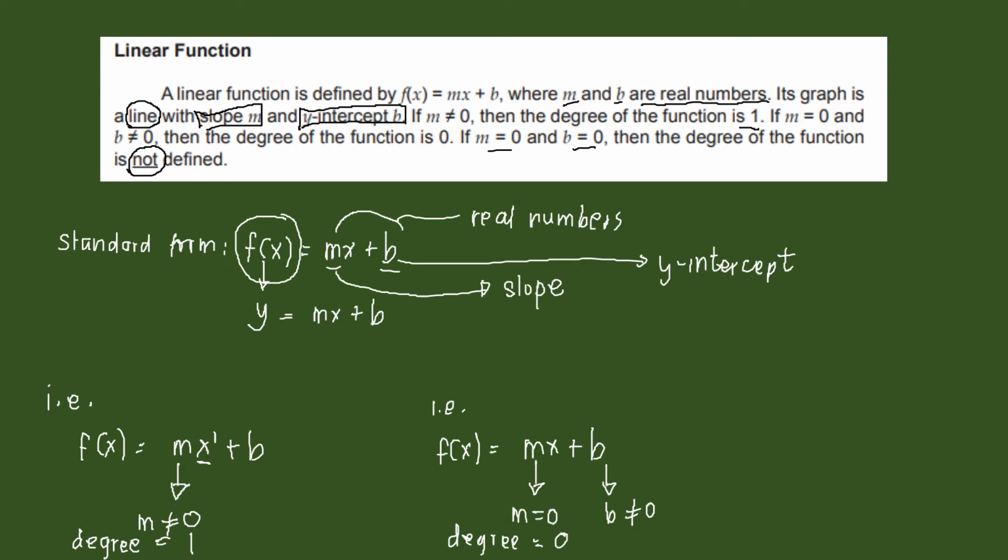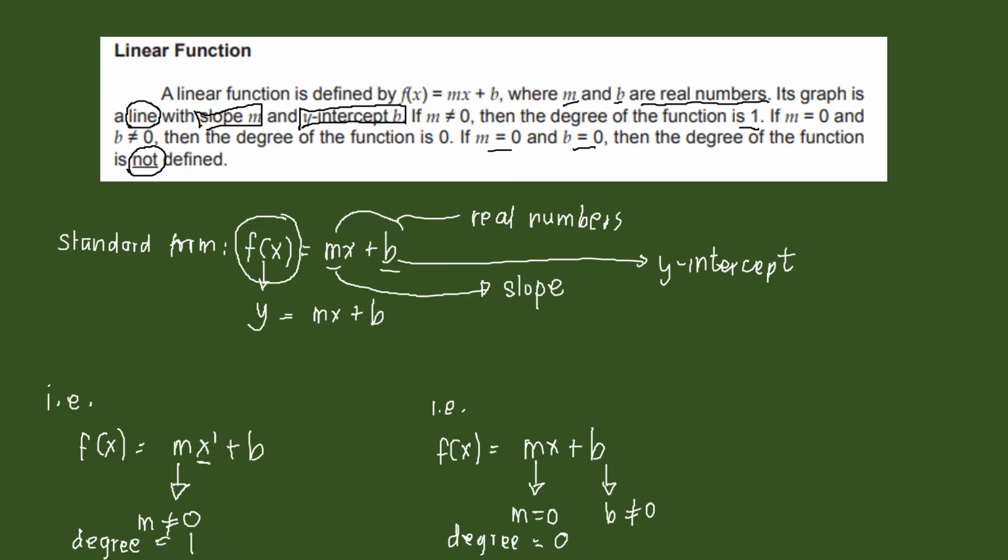Do you know why? It's because if m is 0, the mx will no longer be seen. It will become 0 plus b. Therefore, the degree is 0 because there is no variable that has an exponent. I'll just erase this one so that it won't confuse you.